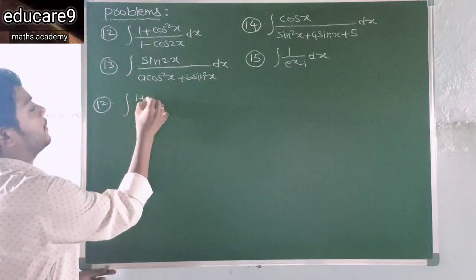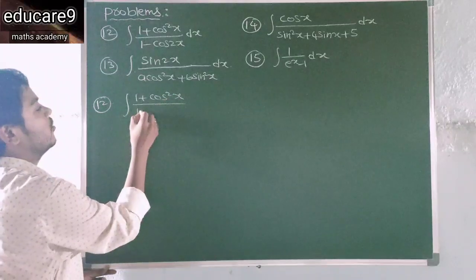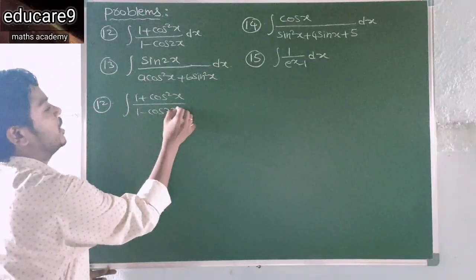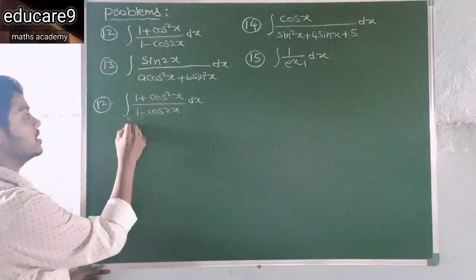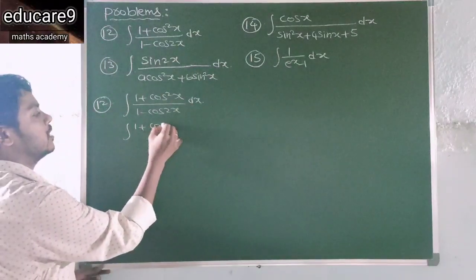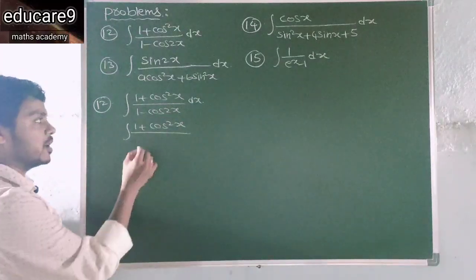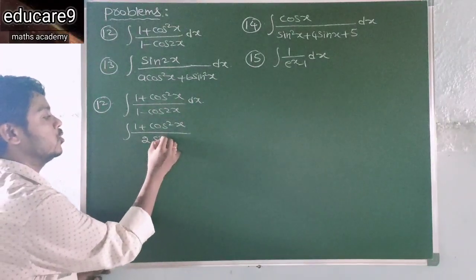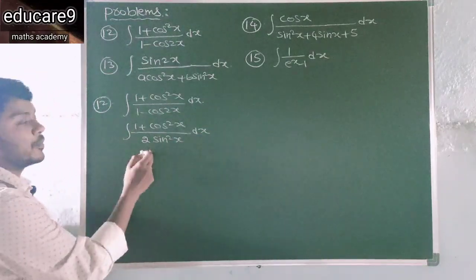Integration of 1 plus cos square x divided by 1 minus cos 2x dx. So this is 1 plus cos square x, and by the formula, 1 minus cos 2x is 2 sin square x, dx. Now separate the terms.